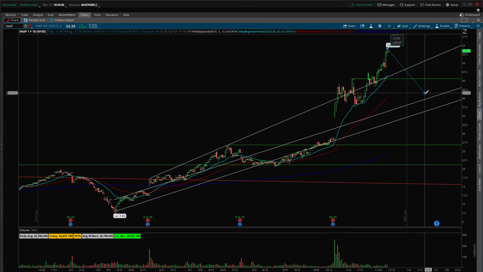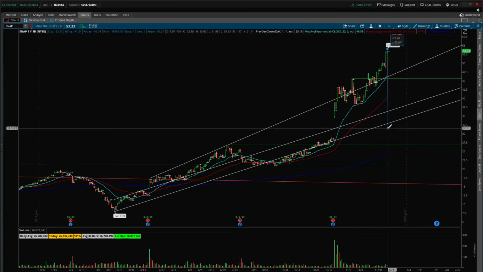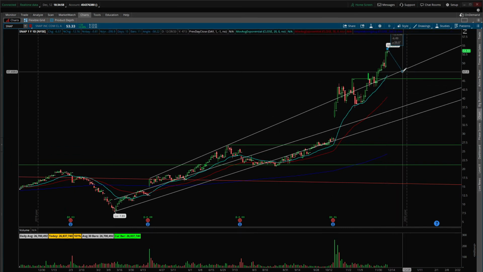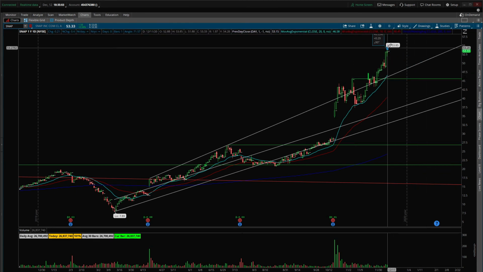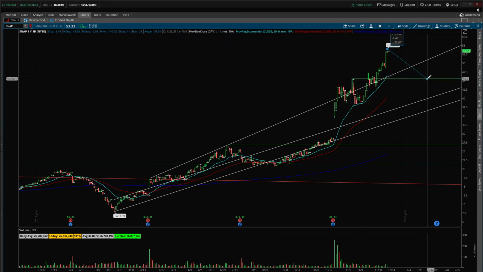There's nothing to say it won't bounce back up and look for more new highs after that, but when you get this kind of extension out and above your channels and all your averages, you know there's a pullback. It's imminent. It might not happen tomorrow or this week, but it's going to happen within the next couple of weeks. I'd say we'll see a pullback close to, if not much more than, this 45 level.